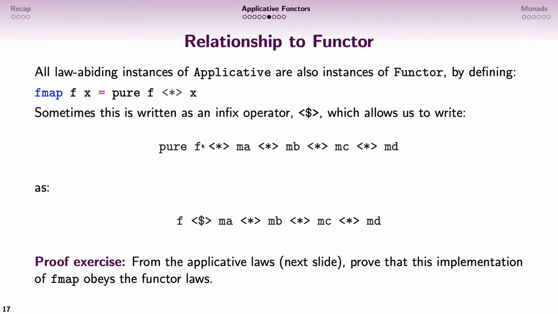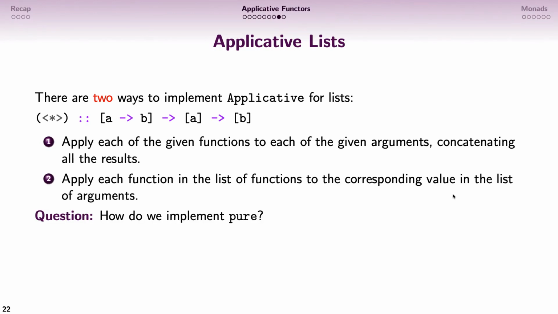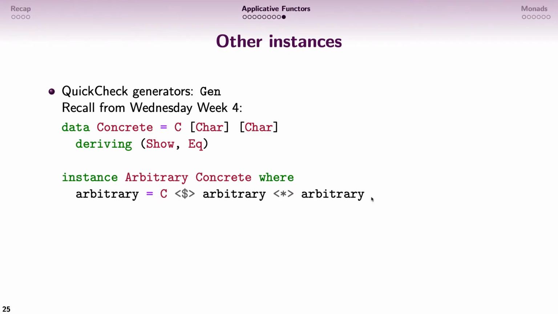So for the first one, if you've got a pure thing on the left-hand side, you can use $ here. You don't need to use pure and star. So anyway, we can basically apply this function c, which takes 2 strings, to 2 generators of strings and get back a generator of concretes, right? That's the use of applicative here.